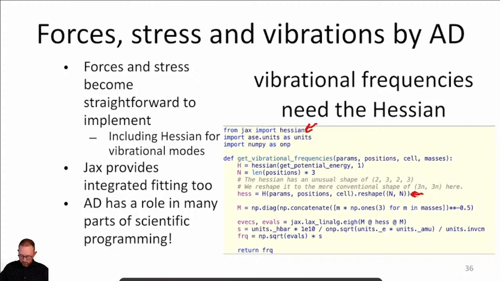We get the diagonal right here and multiply by the masses. We get the eigenvectors and the eigenvalues. And the frequency is just a scaled version of the square root of those eigenvalues. So that is a remarkably simple way of getting vibrational frequencies, especially if you have ever tried doing the finite differences to approximate the diagonal modes yourself.